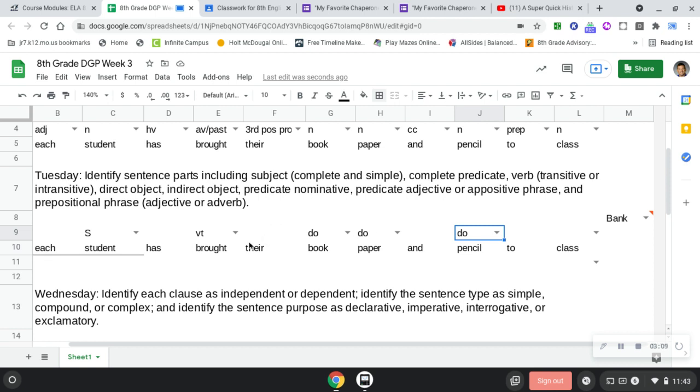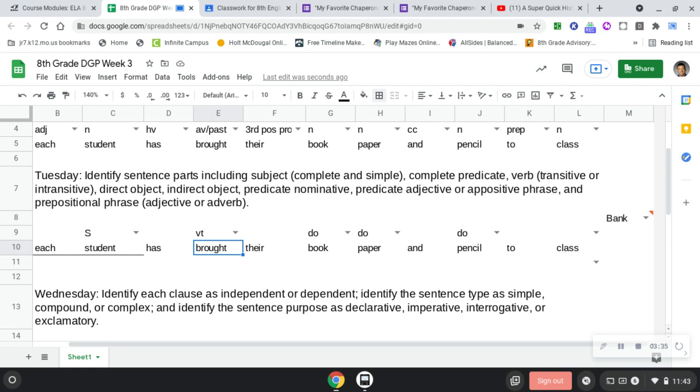Okay. Now that we have our verb and the objects that are directly affected by the subject, we need our complete predicate, which is our double underline. Where does our complete predicate begin and end?